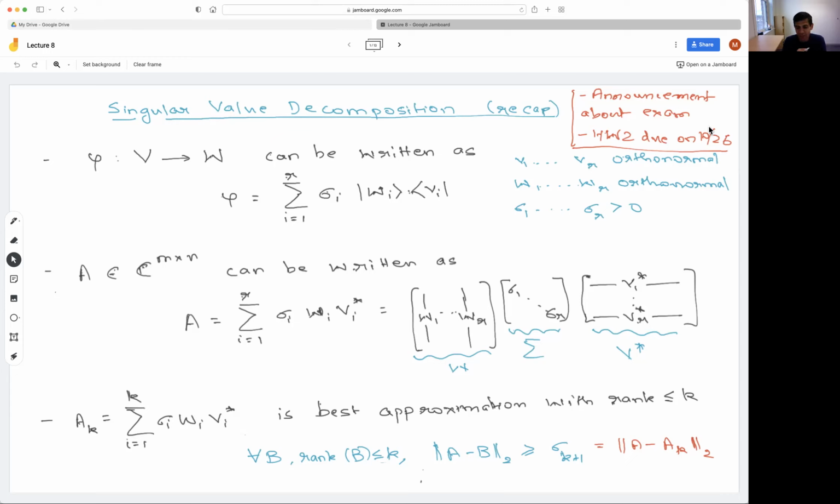We also saw the matrix form of it, where you can write any matrix A as a product of three matrices. We saw a couple of different ways of writing it. One way is you have r orthonormal columns. The second is a diagonal matrix with entries sigma 1 to sigma r on the diagonal.